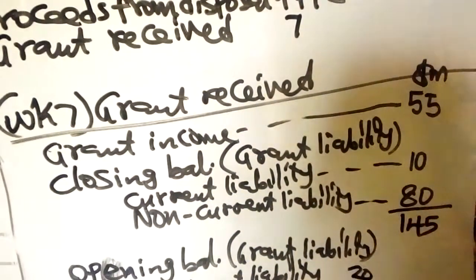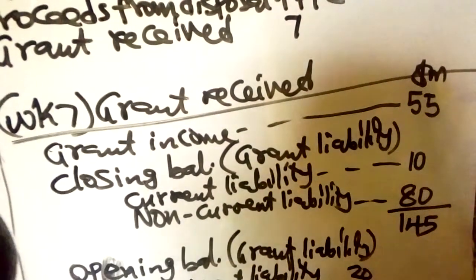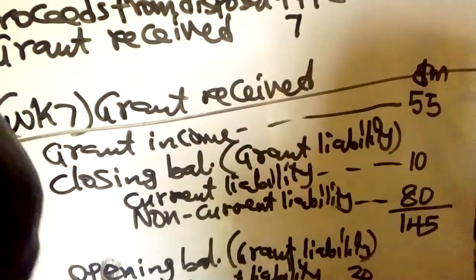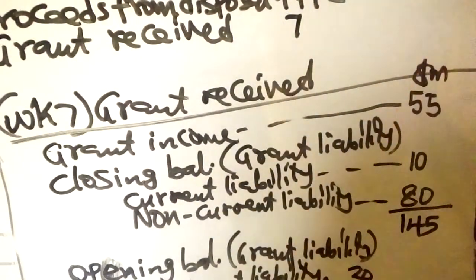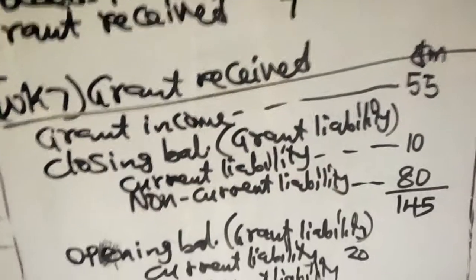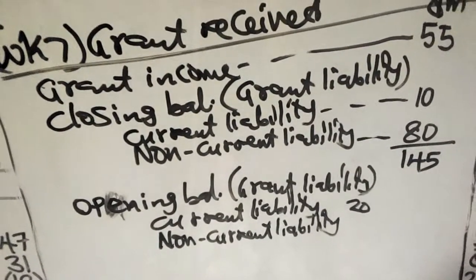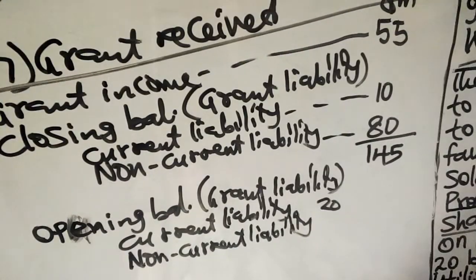The one under non-current liability, the opening balance is 75.